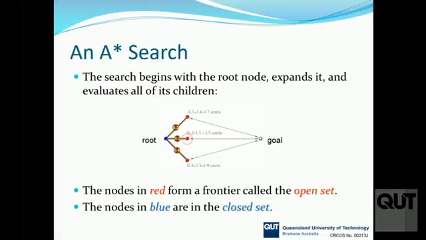Then we also have what's called the closed set. That is the nodes that we're no longer searching. We don't need to search the root anymore because we've already looked at all of the children of the root. So that has been coloured blue, and it's been put into the closed set. So we have these two sets, the open set and the closed set, and basically the search is always searching from the open set.